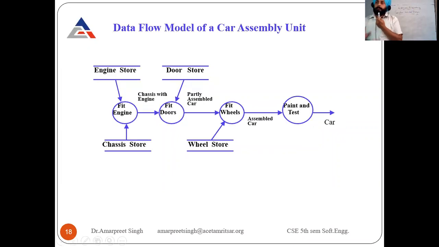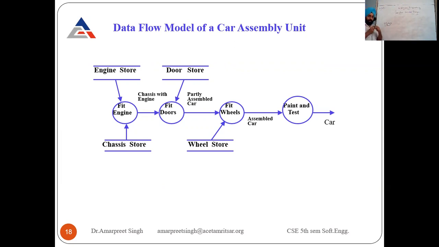Just see the data flow model of a car assembly unit. This diagram will give you the idea of a DFD. The main process first, what happens in the car assembly unit: we get the chassis first of all. The chassis is provided, and on this chassis we assemble the different units of the car.